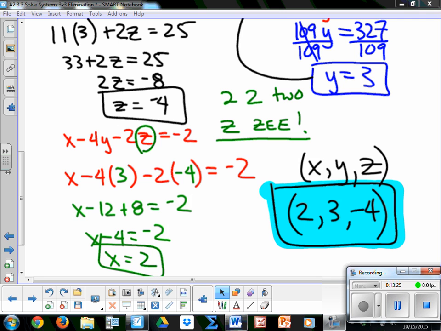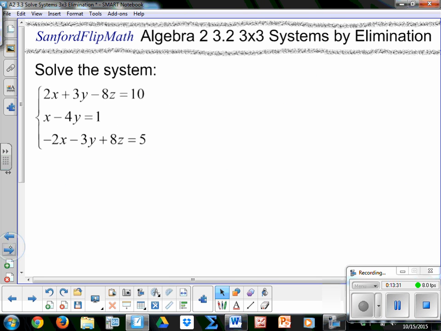Again, if you know how to hit pause, rewind, play it again, whatever you need. Okay, so we're going to do this one. I'm going to kind of move along. I don't have to talk quite so much because we've done one. I do want to start out by saying this one looks weird. I'm going to recommend that if terms are missing, you write them.